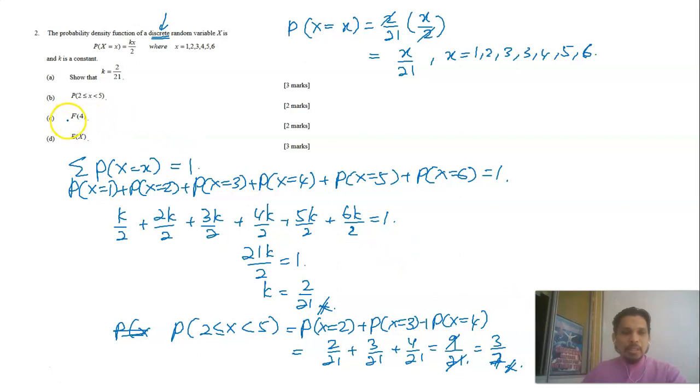Question C, F4. F4, okay, is a cumulative of every single probability, meaning the summation of the probabilities from x equals 1 until x equals 4. Okay, so probability of x equals 1.